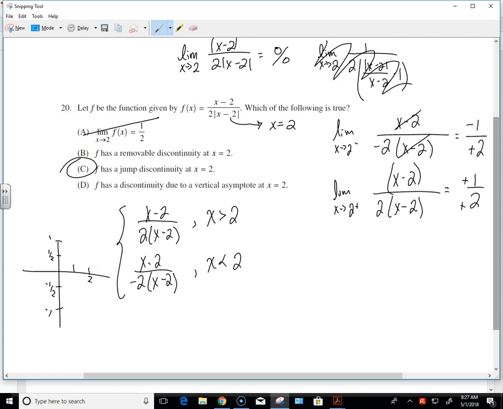It would be a negative expression, meaning I would be continually coming -1/2. From above 2, I'd be coming towards +1/2. Because ultimately, if I was to do some division, if I could get the absolute values out of there, check it. It's just a constant function with 1/2 and -1/2 remaining.